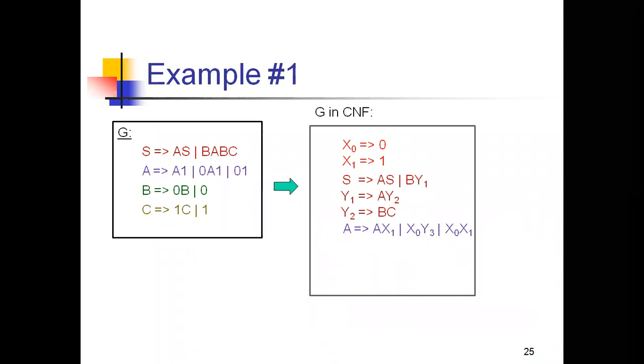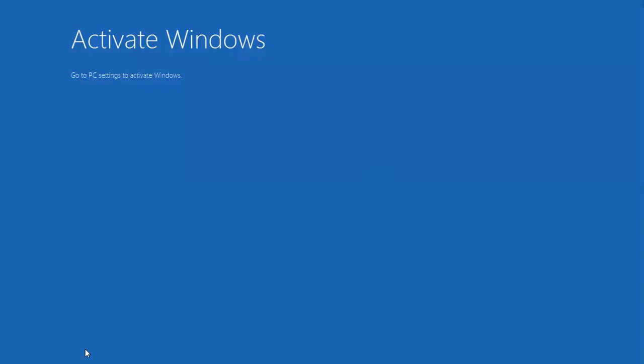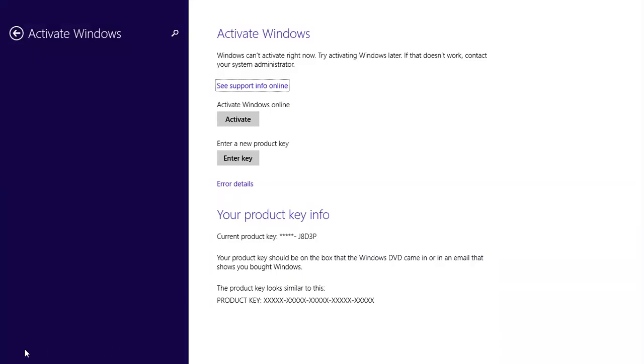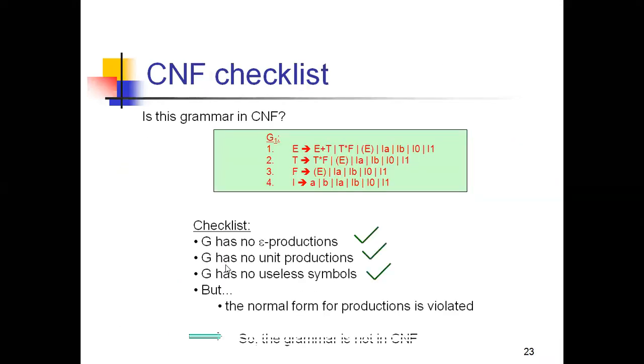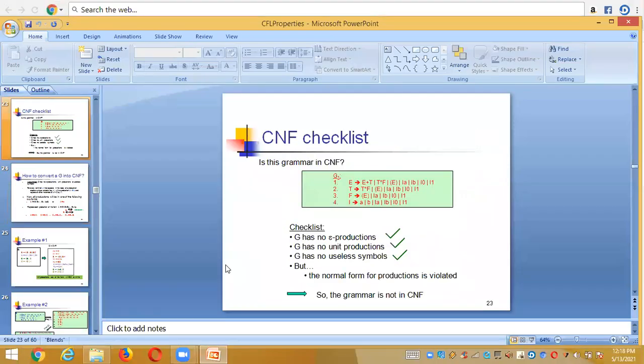And here we have another thing. See here we have a point: if the normal form of the productions is violated, if you didn't check it out, then the grammar is not in CNF.